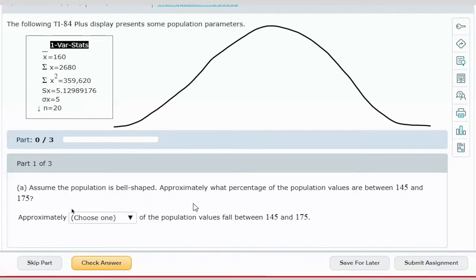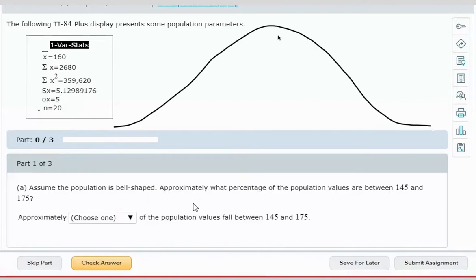The question starts with saying, assume the population is bell-shaped. What that means is that if you were going to make a histogram of it, it would look something like this. I drew this, it's far from perfect, but what I'm going to have you do for all of these types of problems is to draw your own bell-shaped curve like that.